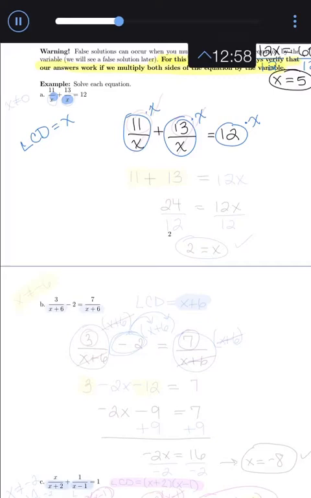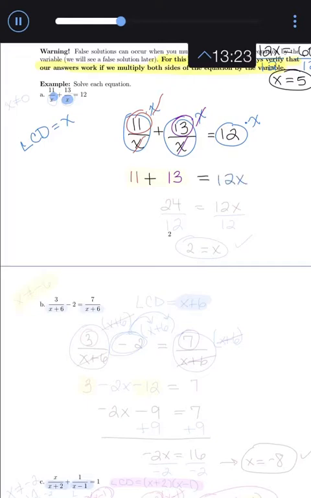Starting on the left-hand side, the x will cancel out, leaving you with just an 11. And on your second piece, you have the same idea. The x's will cancel out, leaving you with just a 13. And on the other side, we multiplied by an x, and that's not going anywhere, so we end up with a 12x.